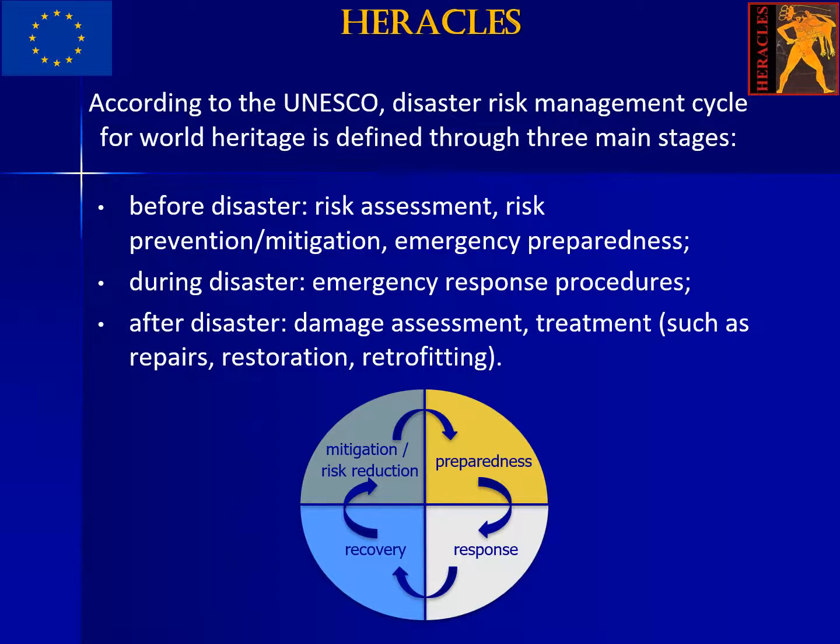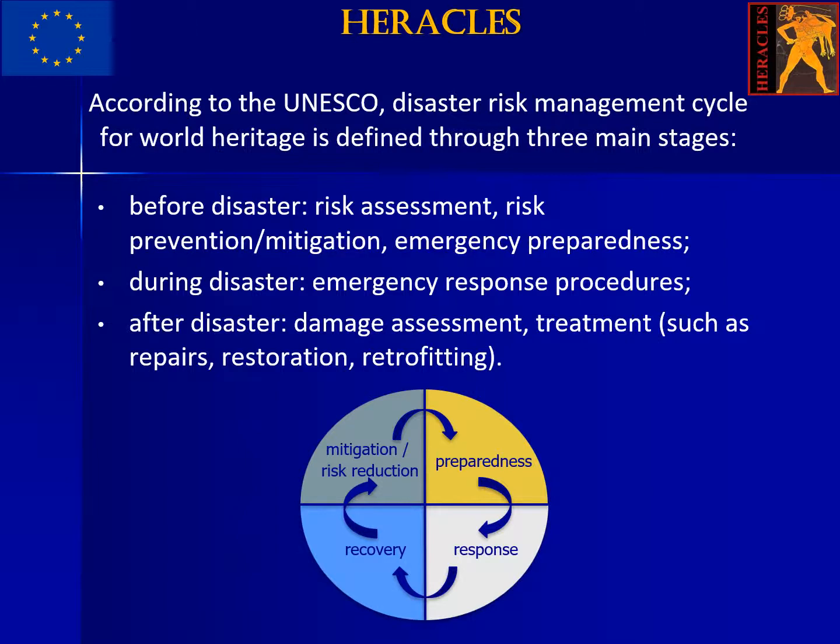The first stage is before disaster, and it is linked to risk assessment, risk prevention mitigation, and emergency preparedness. The second stage happens during the disaster, which means emergency response procedures.